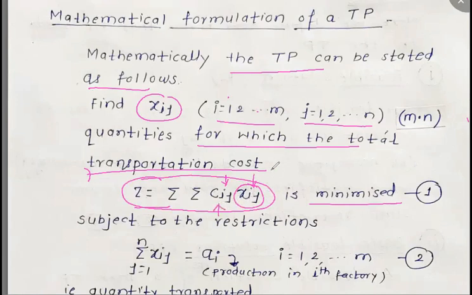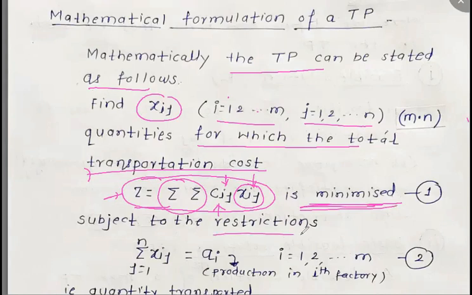So the product will give you the cost of transporting Xij units from the ith factory to the jth warehouse, and the summation means the total transportation cost for transporting all the available units from m factories to n warehouses. This is the total transportation cost. So minimize this transportation cost.